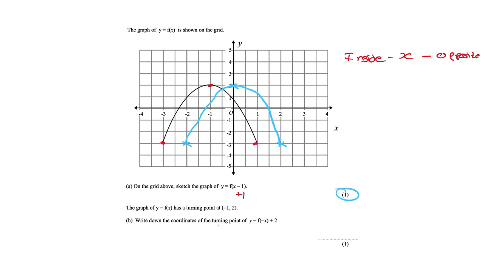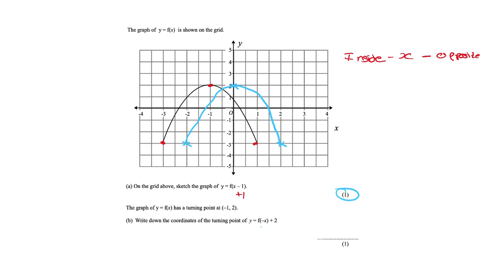Now the next part says the graph of y equals f of x has a turning point of -1, 2. Write down the coordinates of the turning point of y equals f of minus x plus 2. So in this case, we're changing both the y-axis and the x-axis because we have 2 transformations.